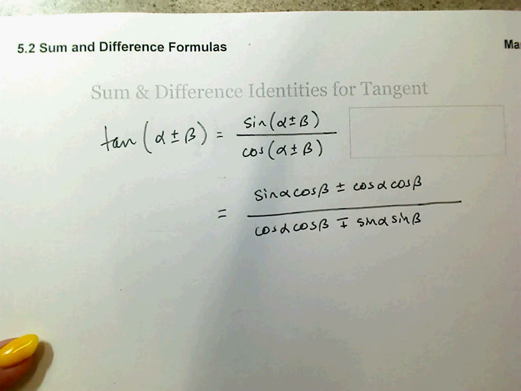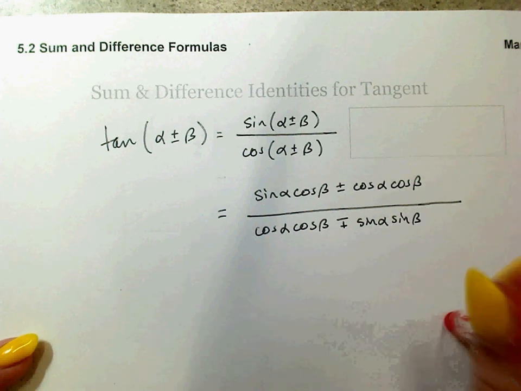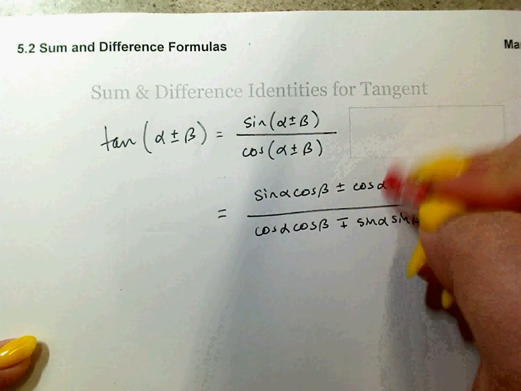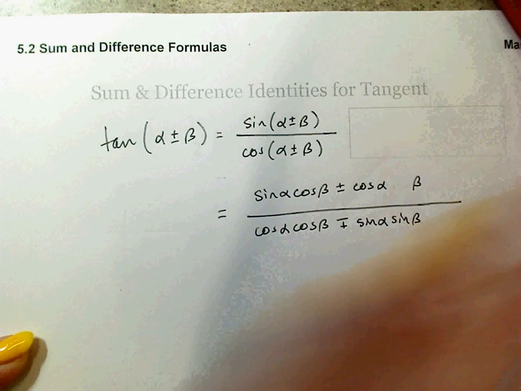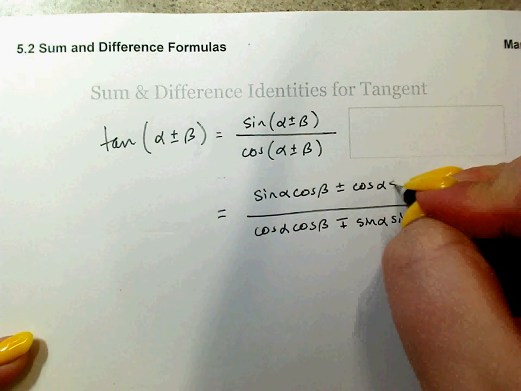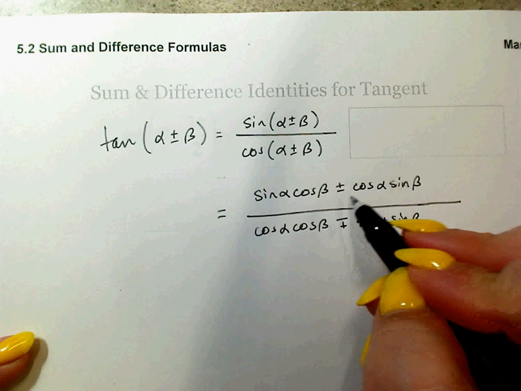I'm supposed to get that to a 1, oh, I know, I messed up my sign. This is supposed to be a sine. Sine, cosine, cosine, sine. There, okay.